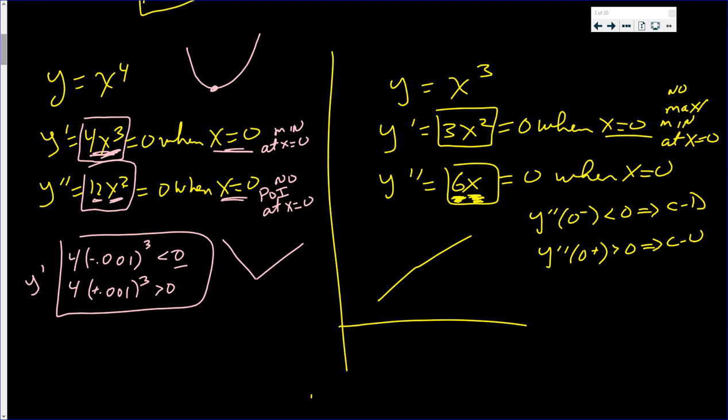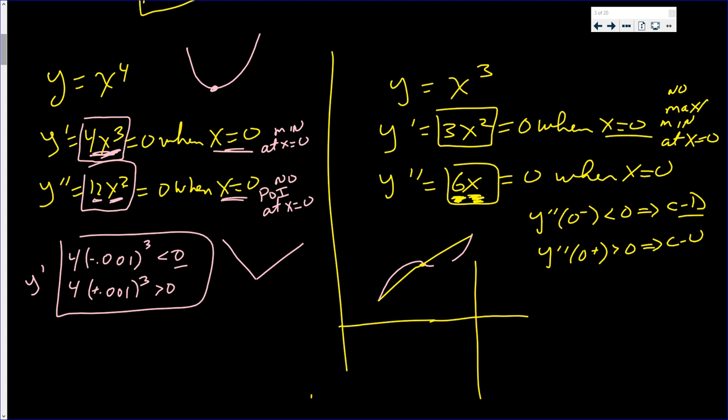So if here's your number line and here's 0, what do we know? First, it's concave down, so it goes this way, and then it's concave up, so it goes that way. In fact, it actually does that right at the origin. You all should know what y equals x cubed looks like.